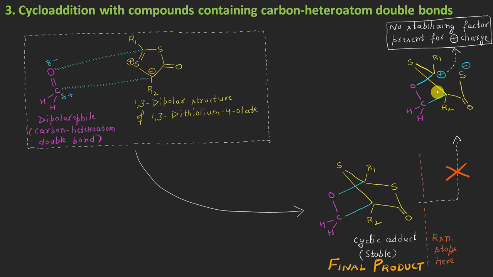And for this mesoionic molecule, you can see that we have a new addition in the chemical properties. It is the cycloaddition reaction with those compounds which contain a carbon and a heteroatom double bond, right? So here you can see we have this carbon atom. Moreover, a heteroatom is also present and there is a double bond in between.